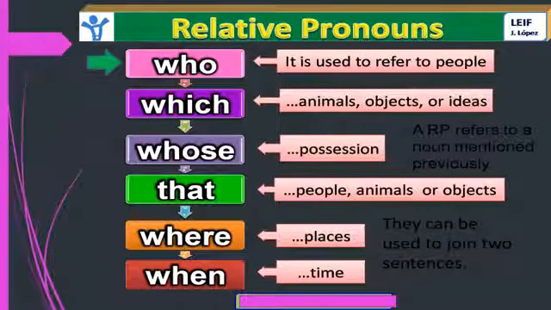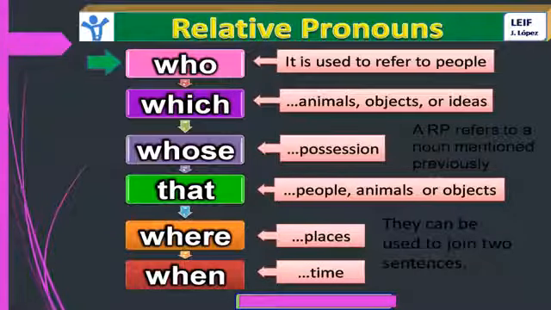What are the relative pronouns in English? شو هي الأسماء الموصولة بالإنجليش؟ Who, we use it to talk about people. Which, we use it to talk about things, not people, but things, objects, animals, such as book, car, a pen.